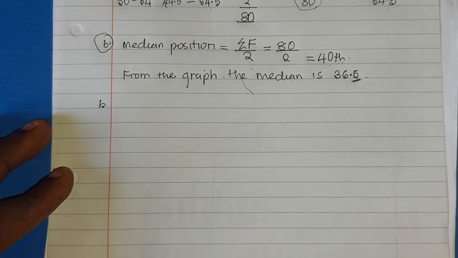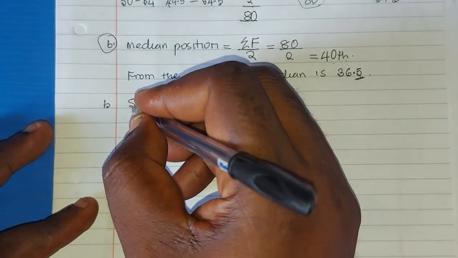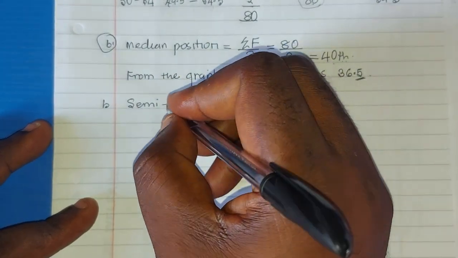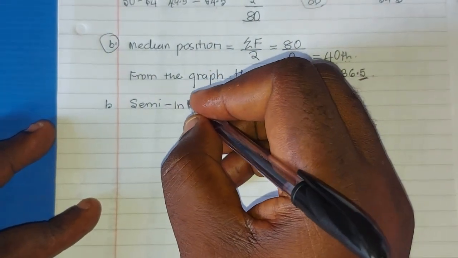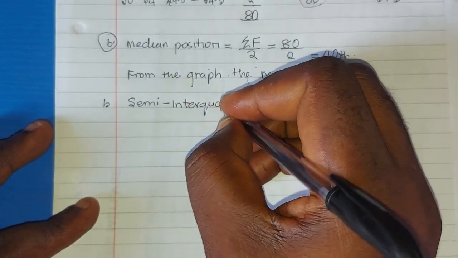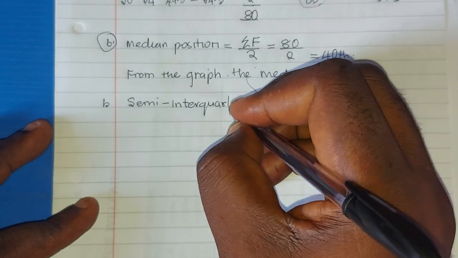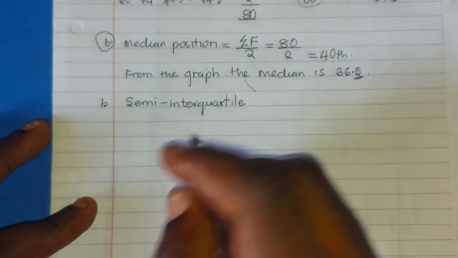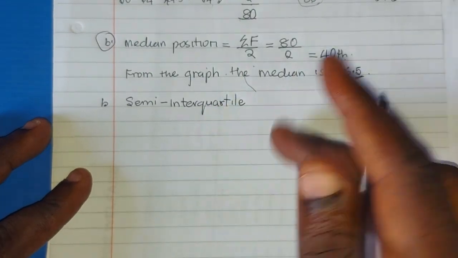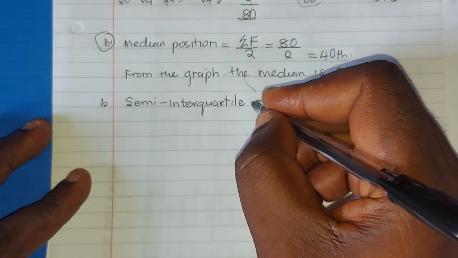All right, into 4 equal parts. Then for the semi-interquartile range, you first write the formula. I'm still going to do a video on the interquartile range, but how to estimate this from an Ogive, that's what I'm doing now.